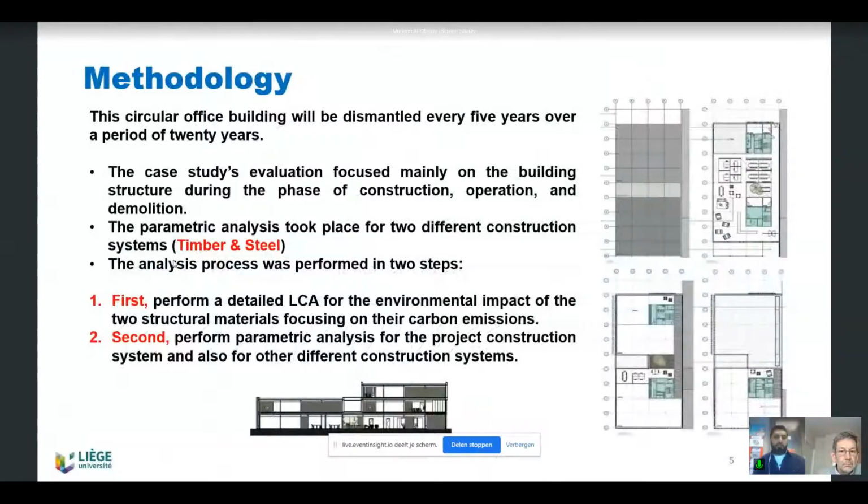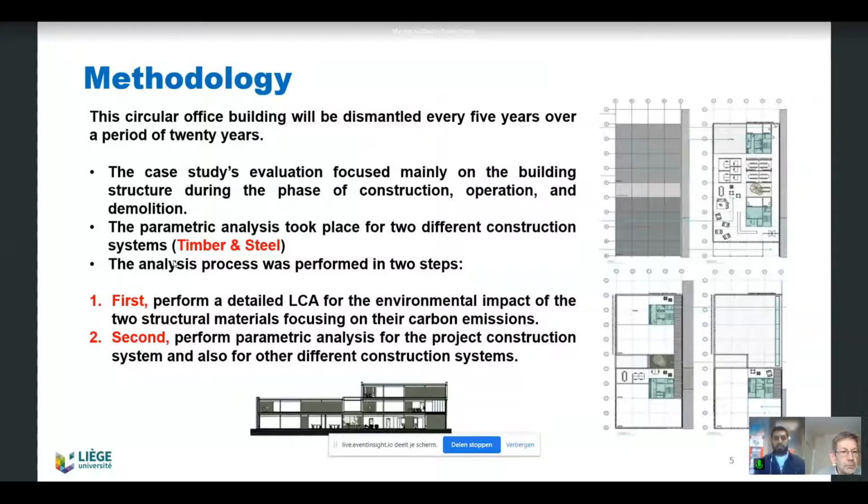The methodology of the study: the case study evaluation focused mainly on the building structure during the phases of construction, operation, and demolition. The parametric analysis took place for 2 different construction systems: the original design, and the proposed timber and steel construction system.